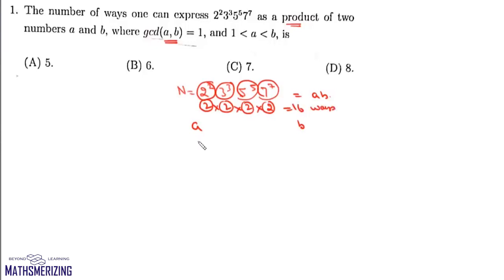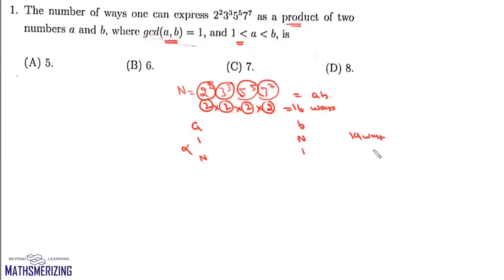Now out of these 16 ways, there are two ways in which A is 1 and B is n, and another way where A is n and B is 1. So we'll discard this possibility since A is greater than 1. So we are left with 14 such ways.